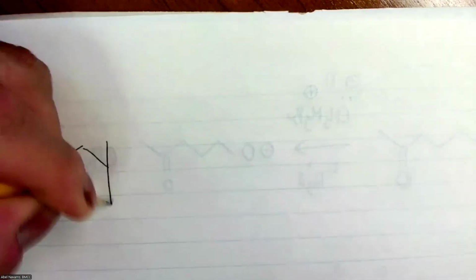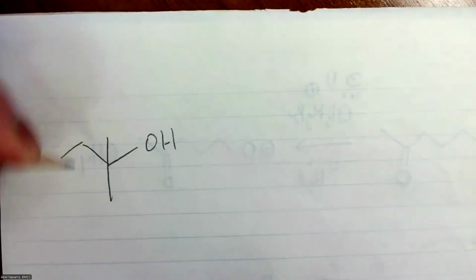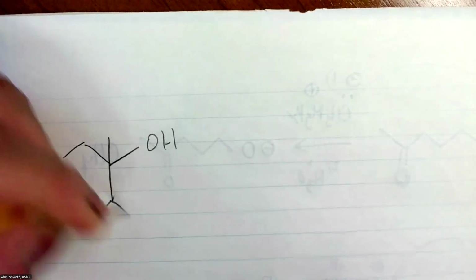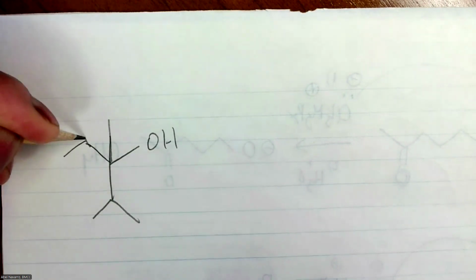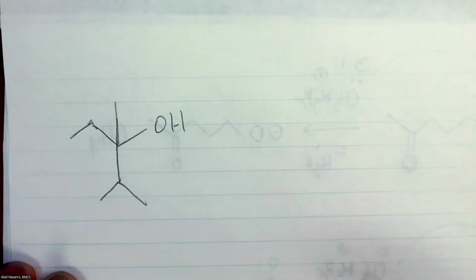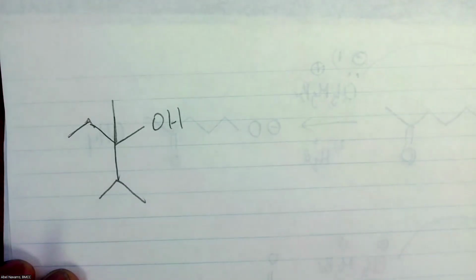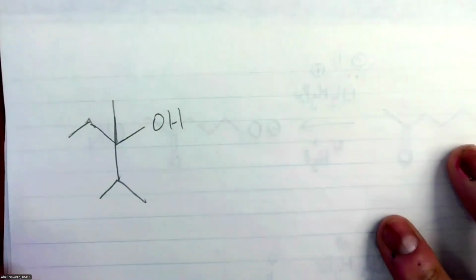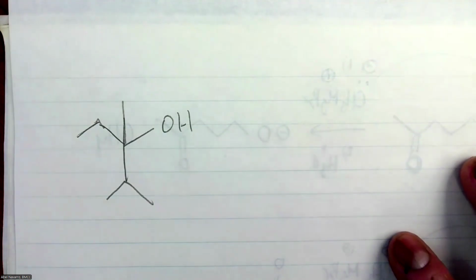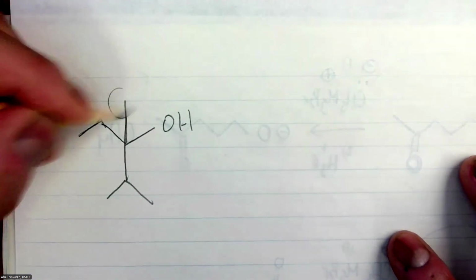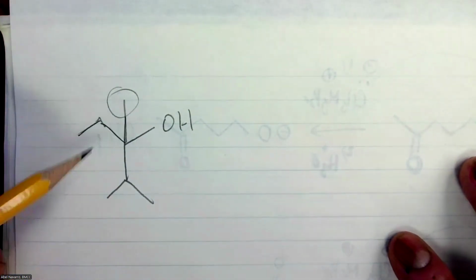Okay, an additional example. Let's say you have this particular tertiary alcohol, and you're told to make it. What are your options for this tertiary alcohol? I can use this as my Grignard. Looks like a man, right?